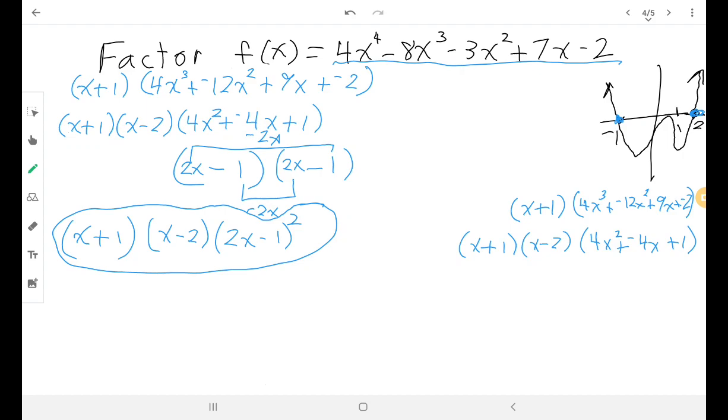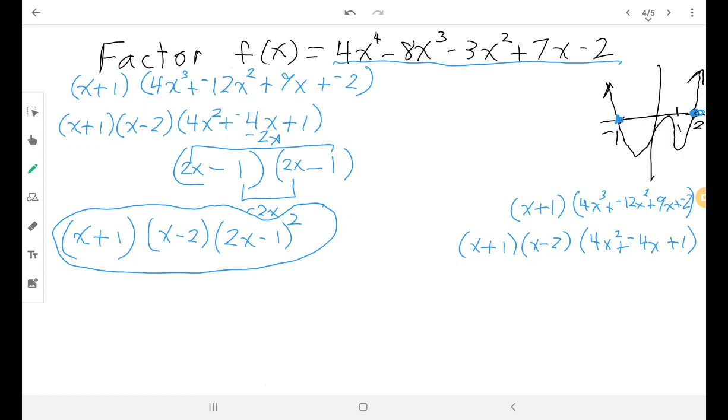Now that was a lot of work, but it was a whole bunch of smaller problems. And the main tools that we used, you potentially use 3 of 4 main tools, I guess, or 2 of 3 main tools, depending on how you think of it.